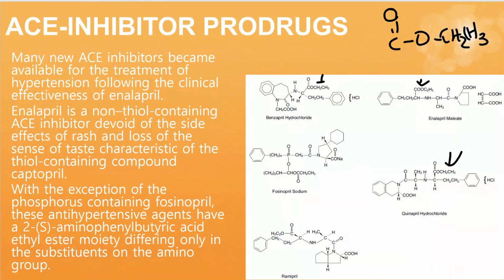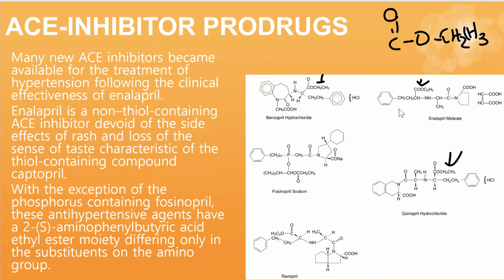aminophenyl butyric acid portion. So this is our phenyl portion, and we have the aminobutyric acid, so that's generally a 4 carbon moiety. Clearly they all are similar in structure, so not the same, but they have these similar components.